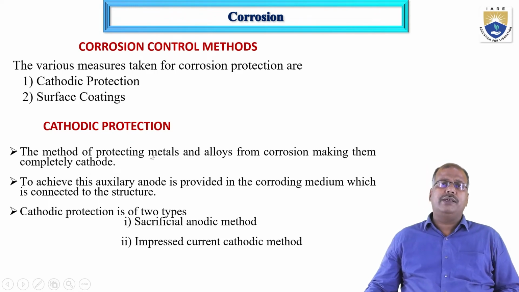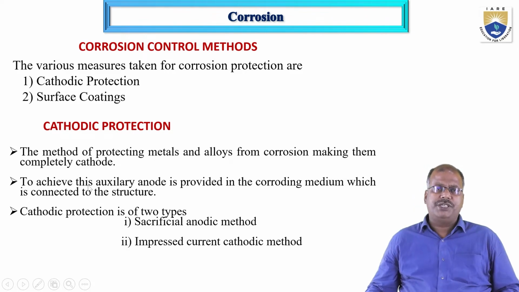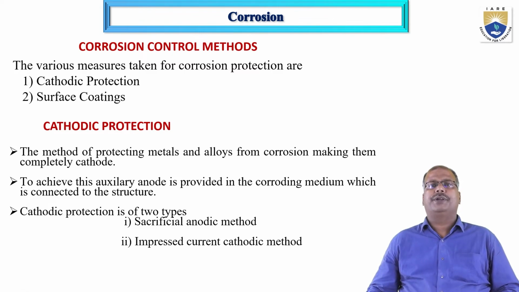So how will you make the metal to be protected a cathode? To achieve that, we have to provide an auxiliary anode in the corroding medium, which is connected to the main structure to be protected. Thereby cathodic protection can occur to the metal to be protected.